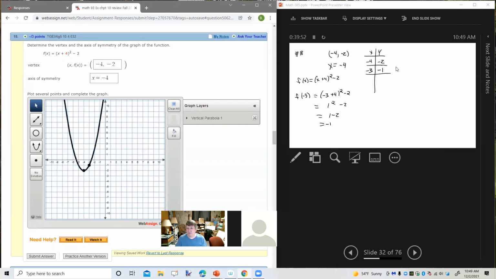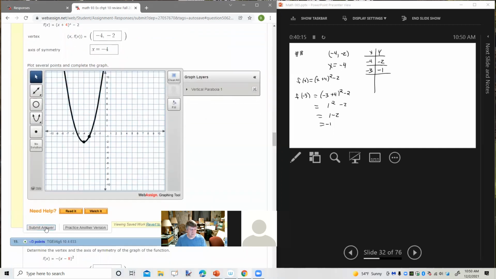Now, if over here you've got numbers that are fractions or something, you can come over here and adjust what the ordered pairs are going to be. You can come in there and retype it. Again, don't use mixed numbers. Use fractions, improper fractions, or exact decimals. Okay, so this should be the correct graph. And let's see here, submit answer.